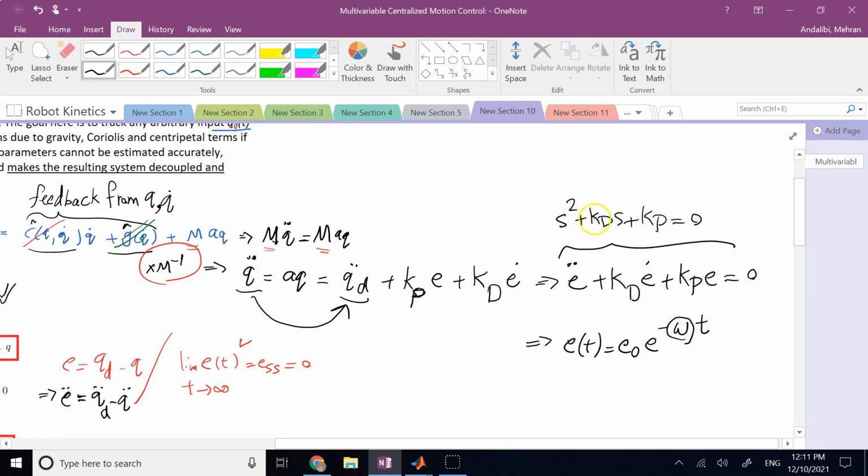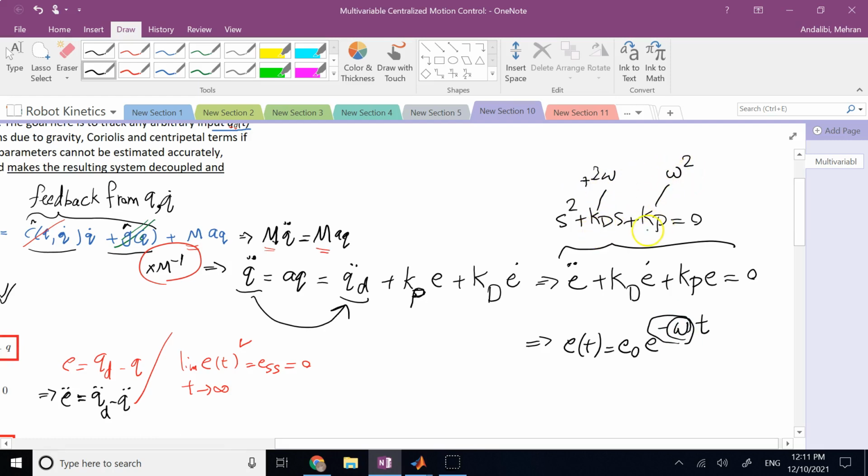If omega wants to be a root of that, then all you need to choose is for KD to be 2 omega and for KP to be omega squared. Kd to be positive 2 omega, so negative omega is a root. Correct? So that's all you need for a single degree of freedom.